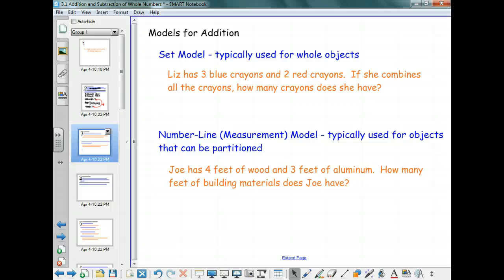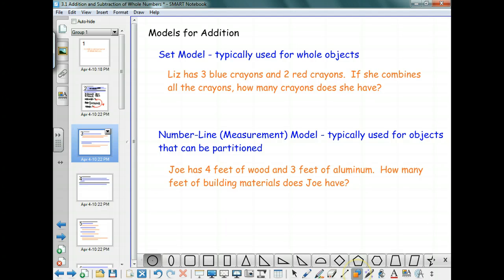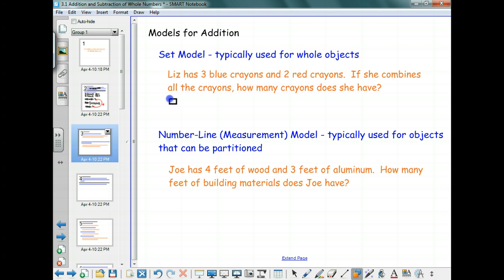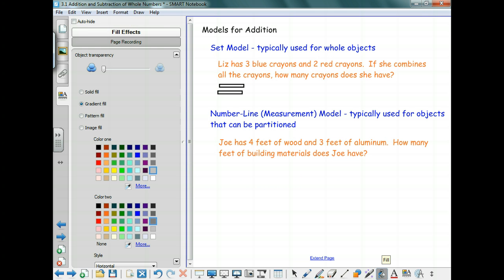We're going to draw a picture, as we describe this, of what a set model looks like. You can make your crayons look like whatever you want. I'll draw them as little rectangles. She has 3 blue crayons. Just for fun, we can make them blue.